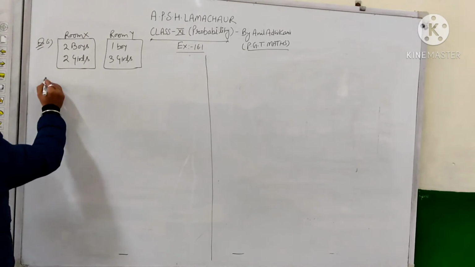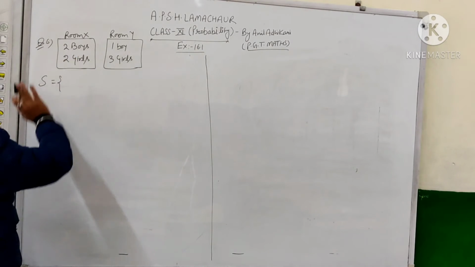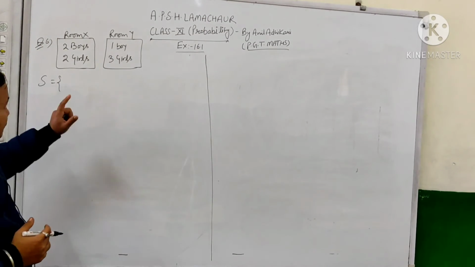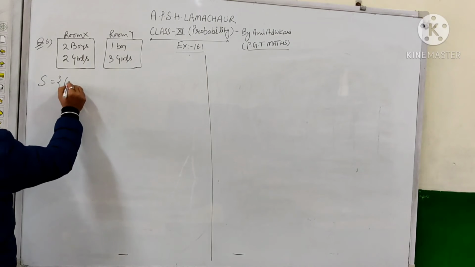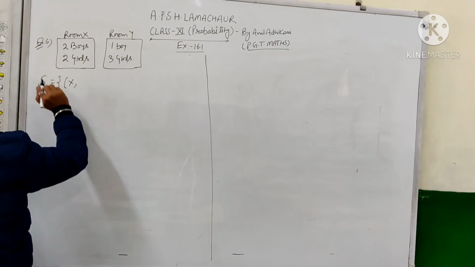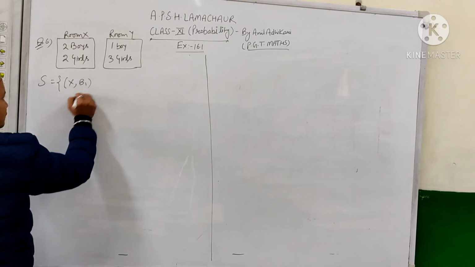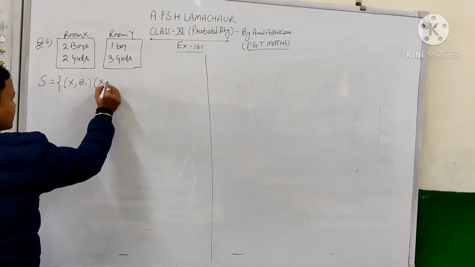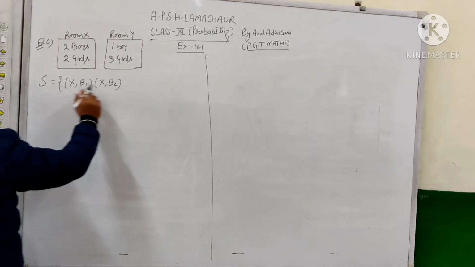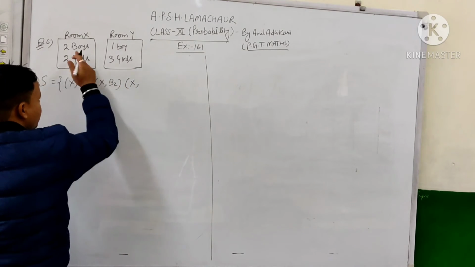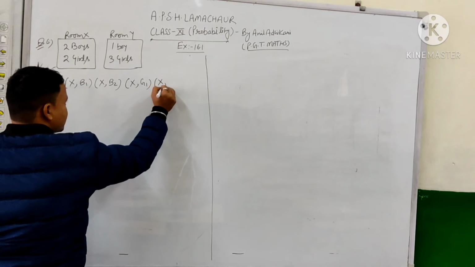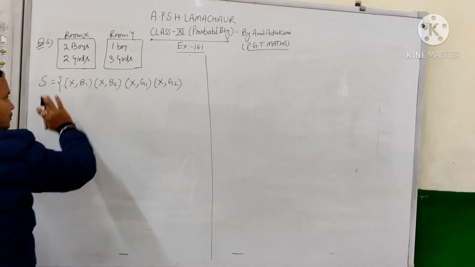So let us start with room X. First we are interested in selecting room X. If we are selecting room X, then we have to choose a person. So with room X, boy first can come. Then room X with boy second, because 2 boys are there. In a similar manner, first selecting room X and then girl 1, selecting room X then girl 2, because there are 2 girls.